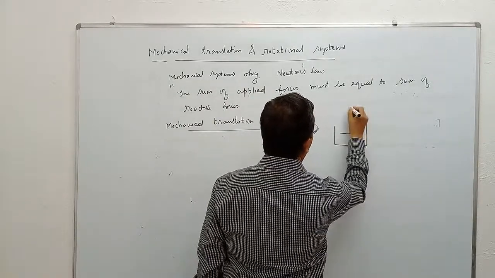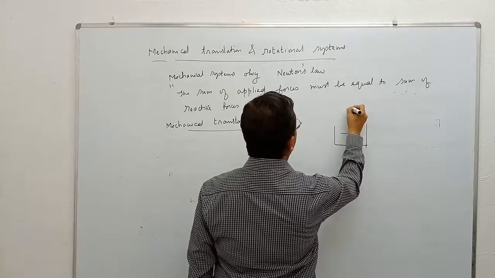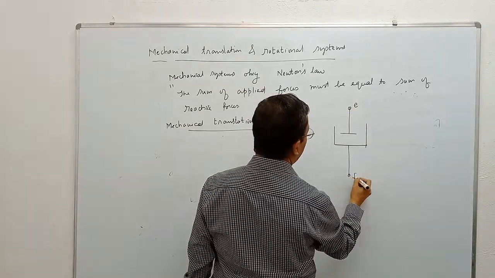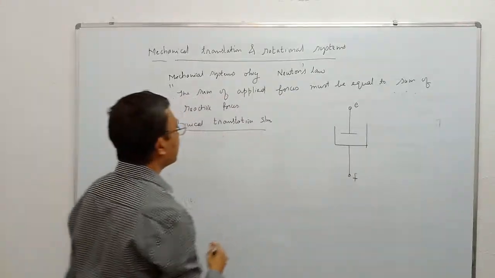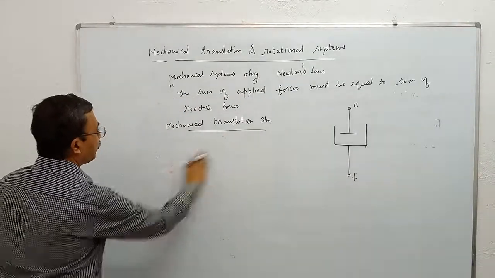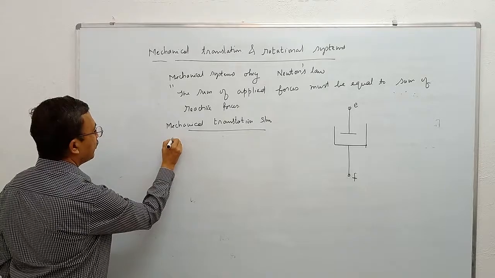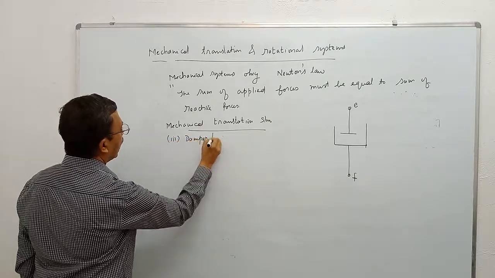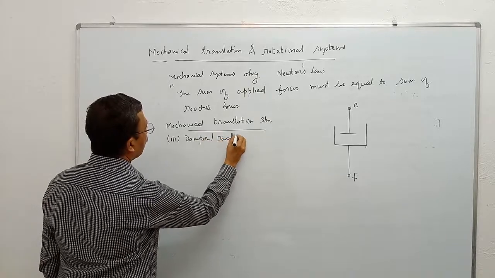This is the basic symbol of a damper. This end is E, the other end is F. The third element is the damper, or dashpot.